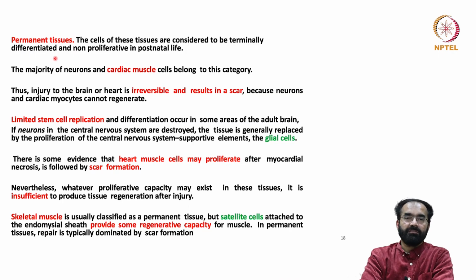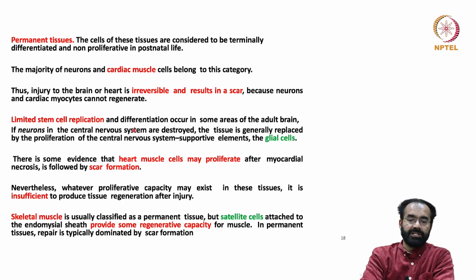That means they cannot proliferate in postnatal life. They can divide during prenatal life, not during postnatal life. The majority of the neurons and the cardiac muscle come under this category, and thus the injury to the brain or heart is irreversible and results in a scar because neurons and cardiomyocytes cannot regenerate.